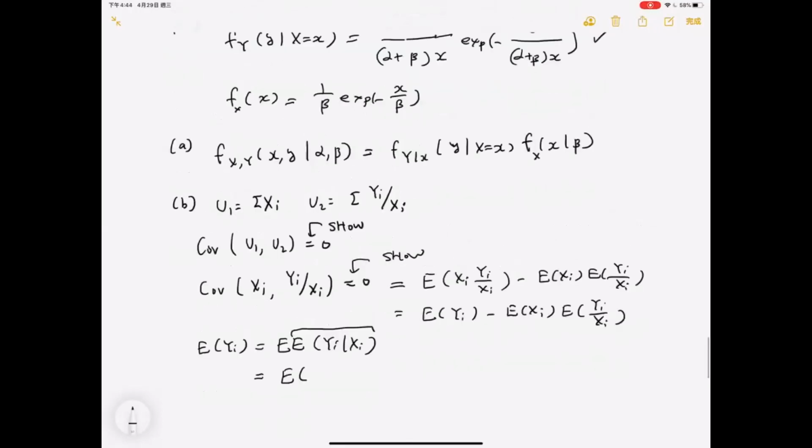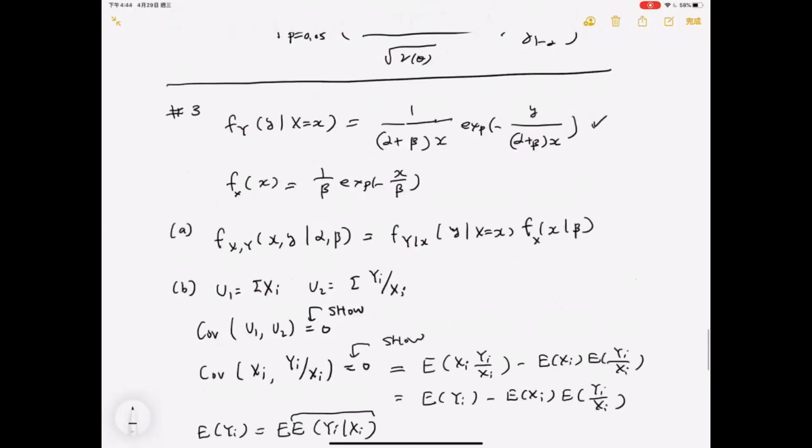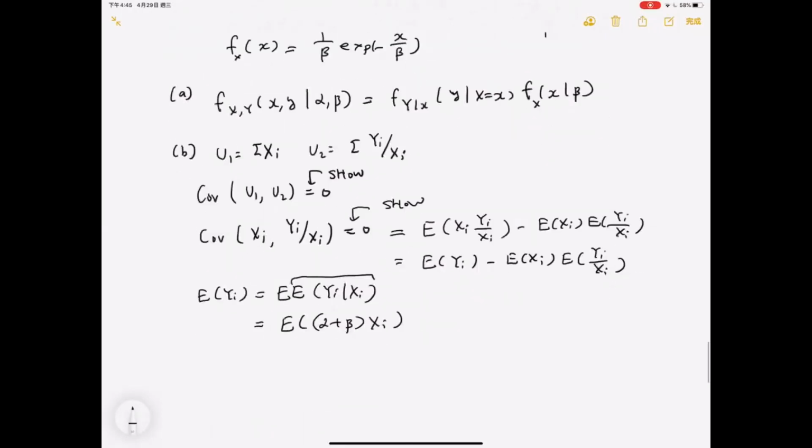That means the conditional mean of Y given Xi is alpha plus beta Xi. Making sense? Because this guy is like an exponential, this guy is like a beta. Then the mean of that is beta. So that means alpha plus beta Xi.